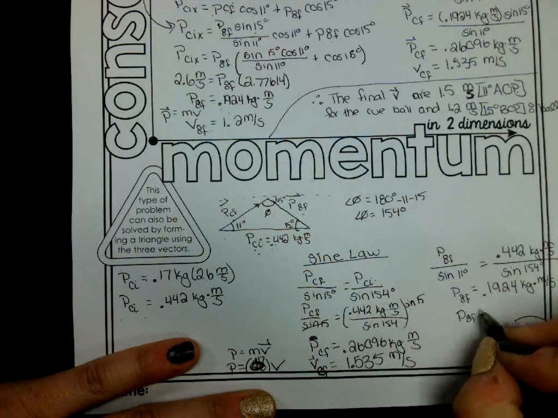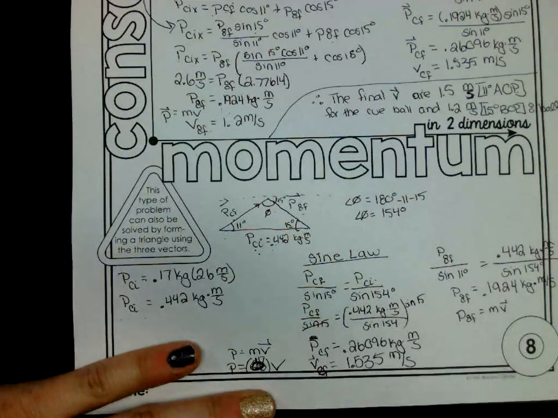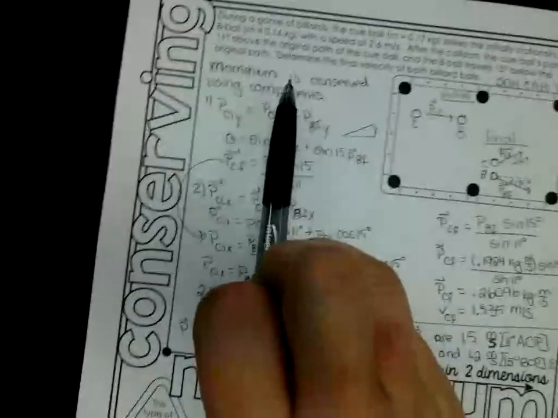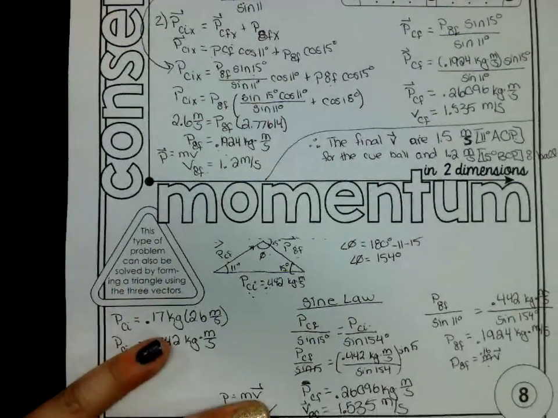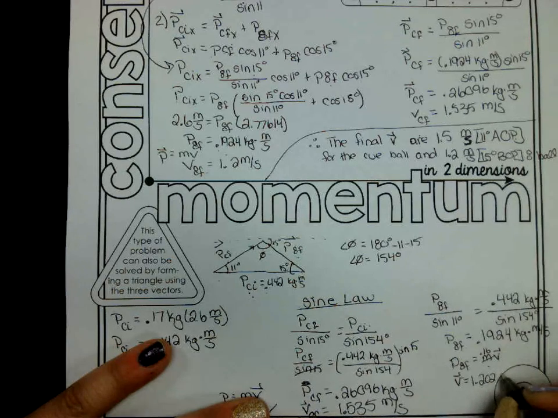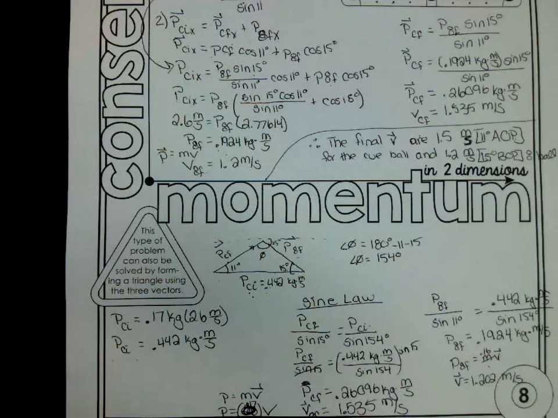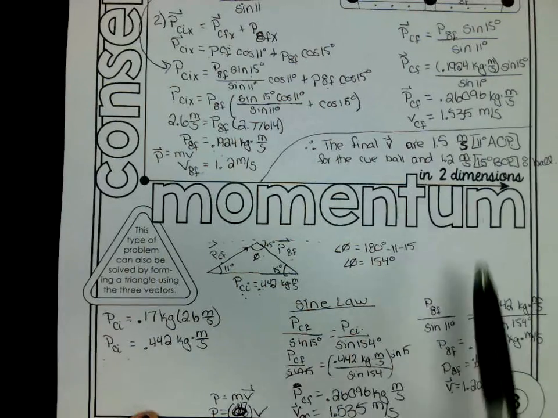Momentum of the 8-ball final equals the mass times the velocity. The mass of the 8-ball is 0.16. When I solve, the velocity is equal to 1.202 meters per second. We know that velocity is going to be 15 degrees below. So these numbers come out to match these numbers.